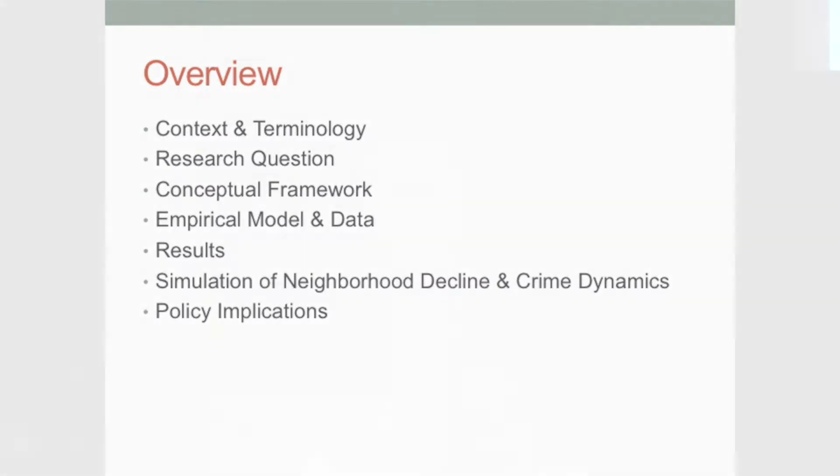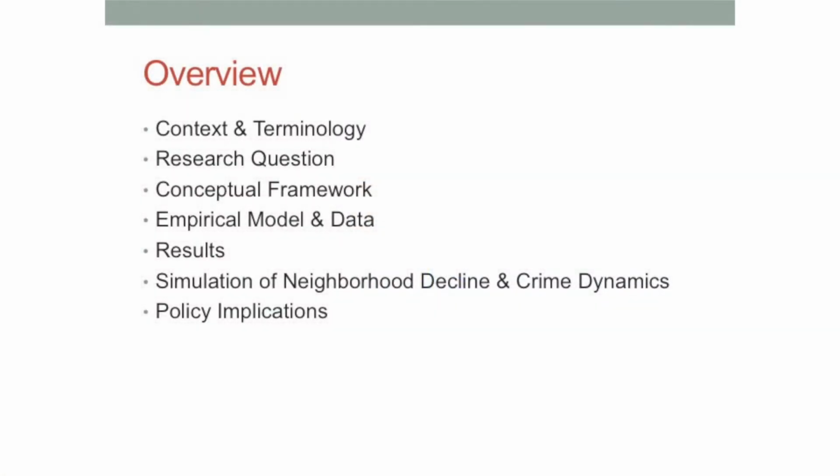Lay out a conceptual framework which I hope tries to connect a lot of the issues that we've discussed this morning already. That is, market forces, the demographic and economic composition of neighborhoods, the physical conditions in neighborhoods, and the safety of neighborhoods. And to lay this model out as a very multidimensional, complicated, mutually causal framework, a part of which only I'm going to talk about empirically estimating today.